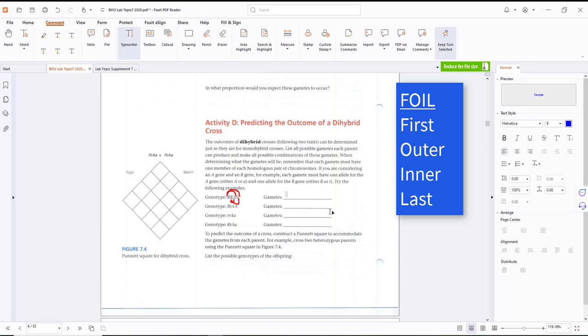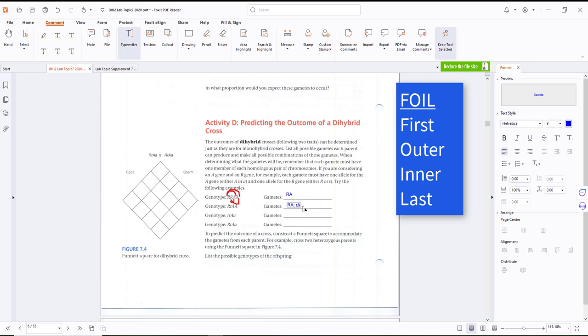So I would only need to do big R, big A. For this one, same thing, you do first. So that would be big R, big A, and then I do outer, and it's also big R, big A. I do inner, and we have something different.